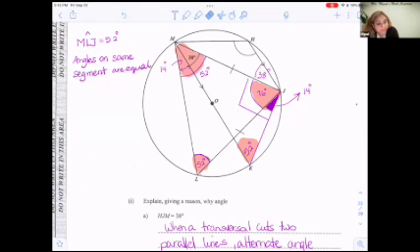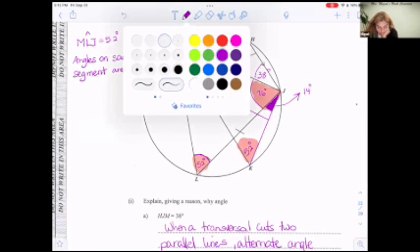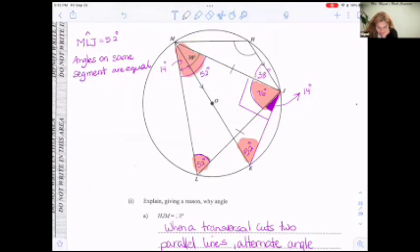Tell me when you finish. Could I erase the diagram?